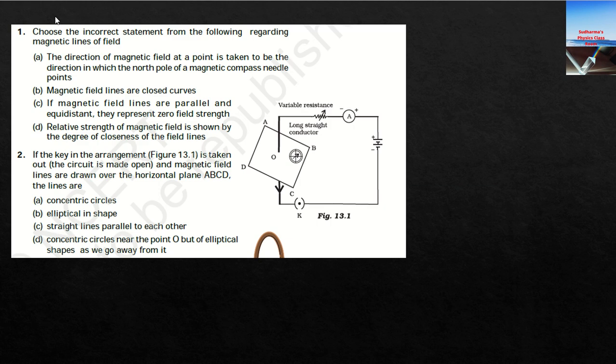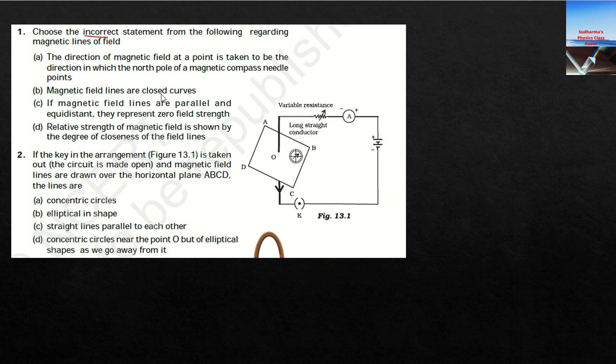So question number 1. Choose the incorrect statement from the following regarding magnetic lines of field. So remember, MCQs are very dangerous because it is easy to score and easy to lose marks. So we have to find out the incorrect statement. So let's read all the four options. The direction of magnetic field at a point is taken to be the direction in which the north pole of a magnetic compass needle points.